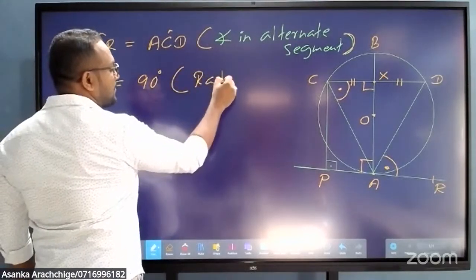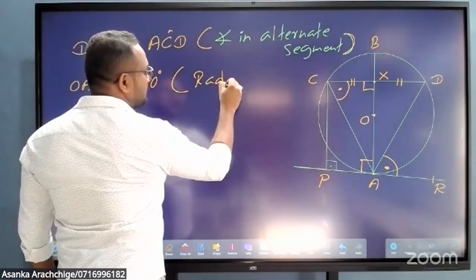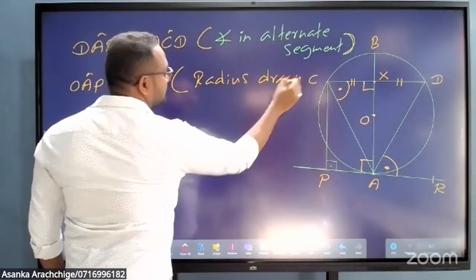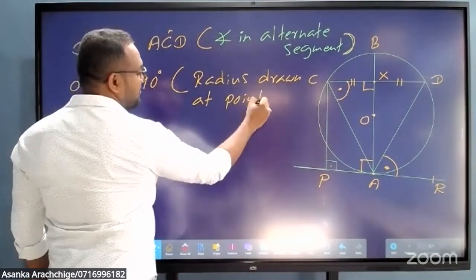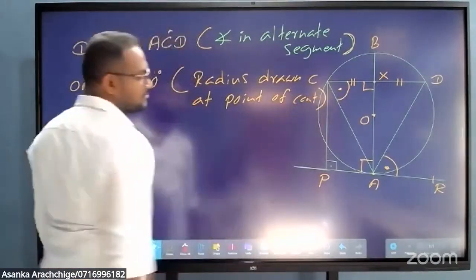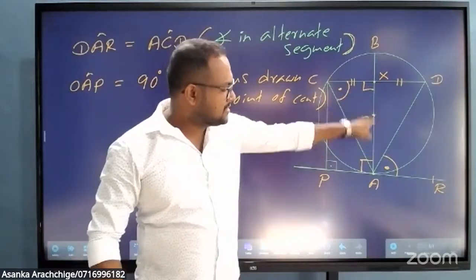Radius drawn at point of contact. Hence this is 90, this is 90.